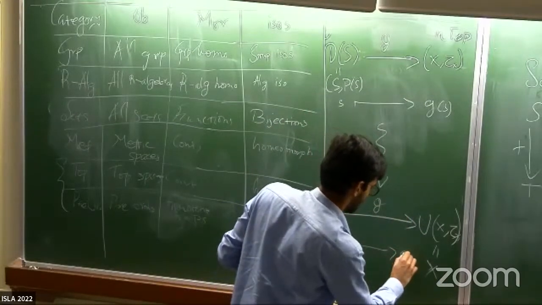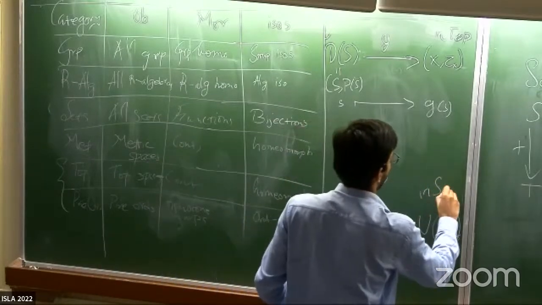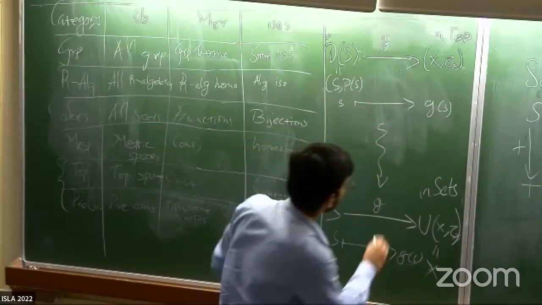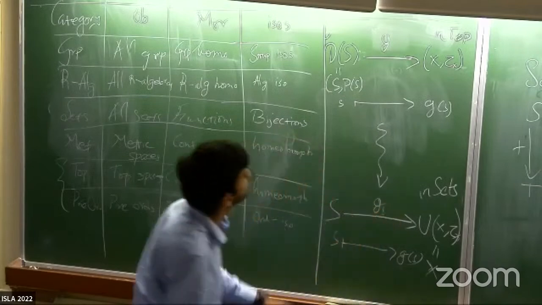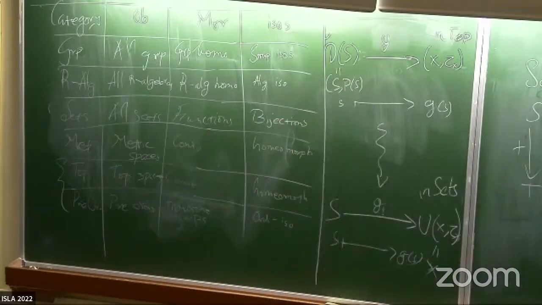So S to G(S), and this is in Sets. And for again distinction, let me add a shriek here. So from G, I'm getting G shriek, and from F, I'm getting F tilde.